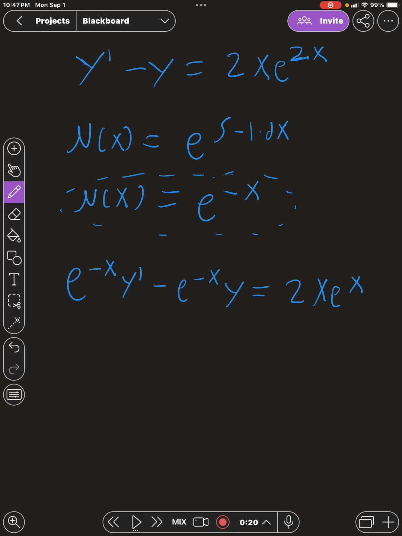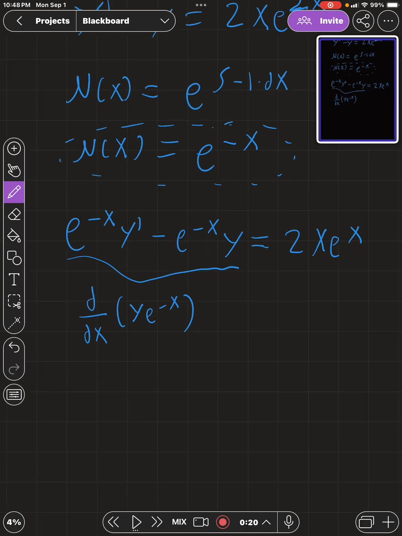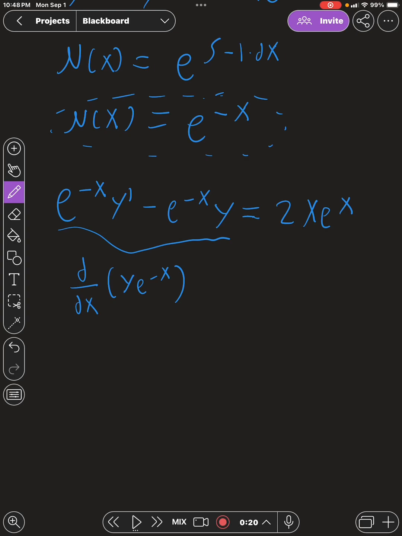So now what do we have here? And this is the magic of the integrating factor. What we'll notice here is that, if you can do the reverse product rule, this is actually just the derivative of the term y e to the negative x. Now, is that true? Well, let me go ahead and just do the derivative right now.